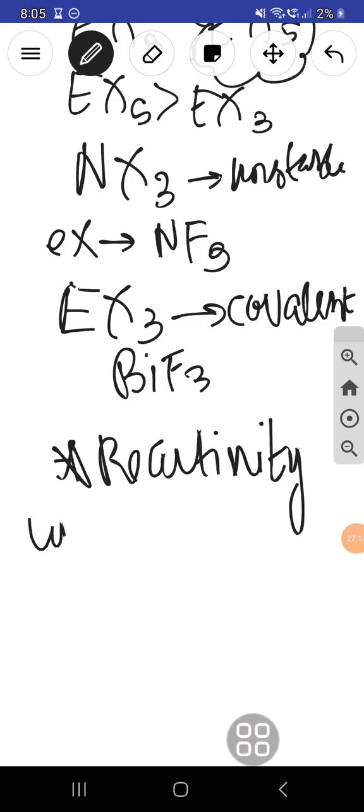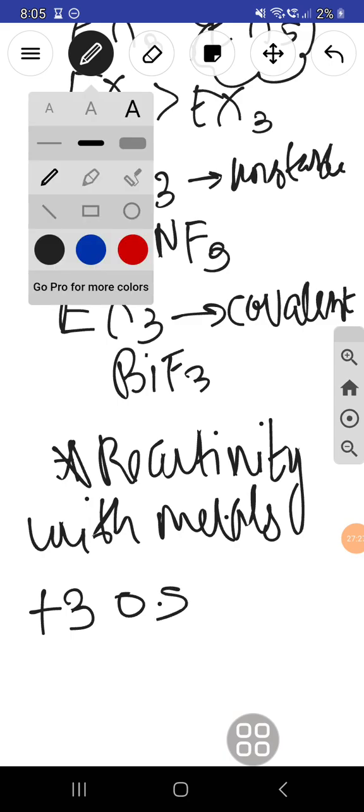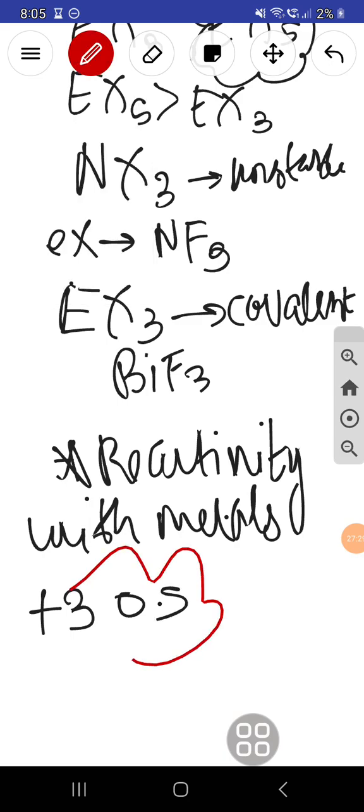It shows the +3 oxidation state when it is reacting with metals. Some of the compounds are given inside the textbook. So this is all that we have to learn for the coming NEET exam from group 15.